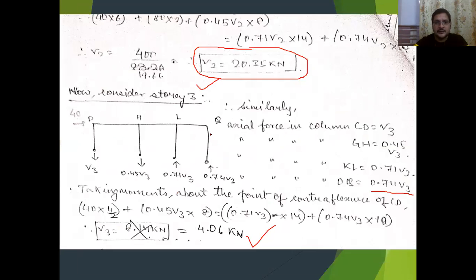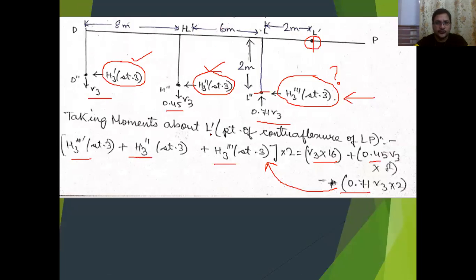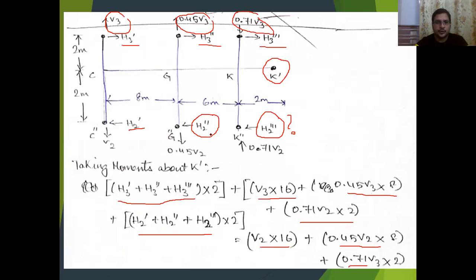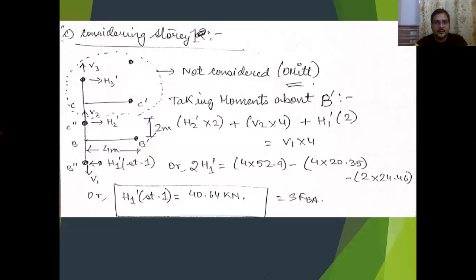Now coming to the first floor level, the bottommost floor level, the same concept applies. So H1 dash we have got here. Similarly, in this portion, when we are considering story 1, H2 dash which we have calculated previously will change the symbol.